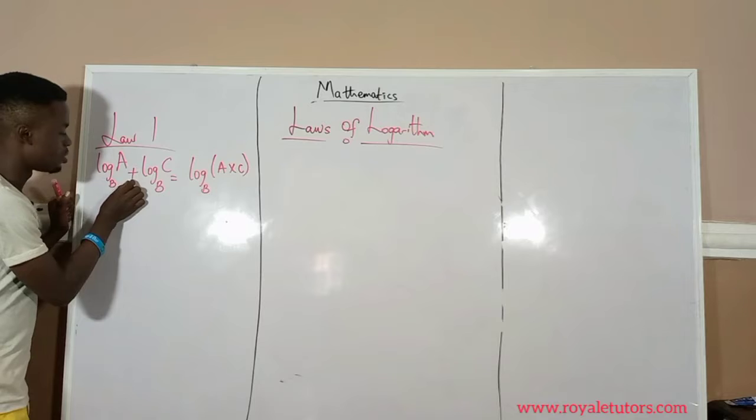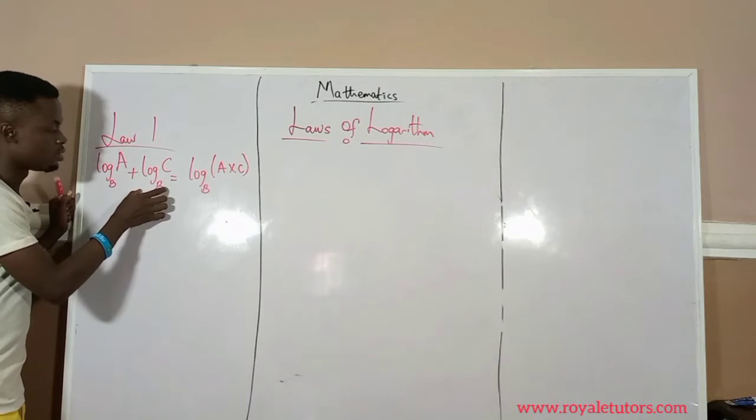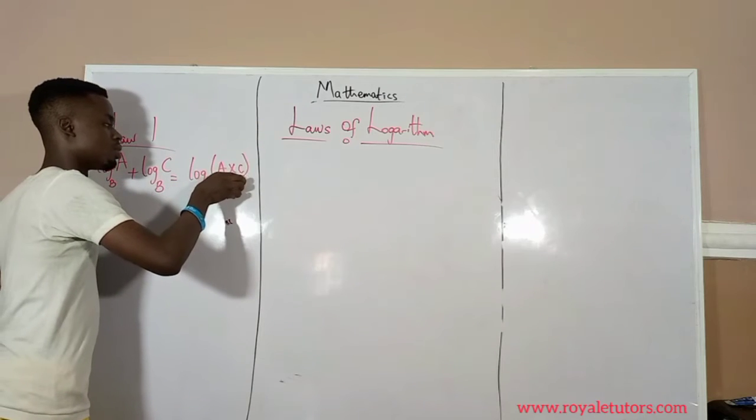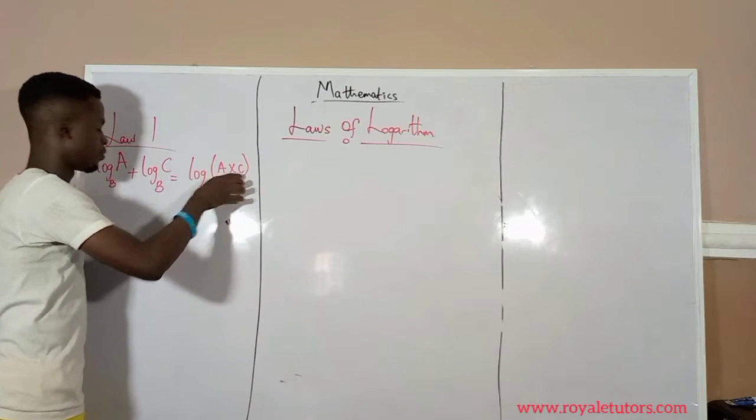Since there is addition in between them and you have log a base b, log c base b, these two, adding them together will be the same as having log b and then you have a multiplied by c.